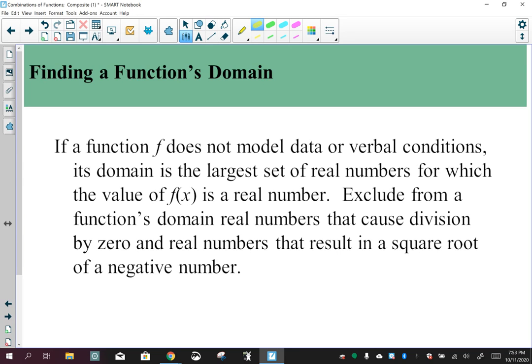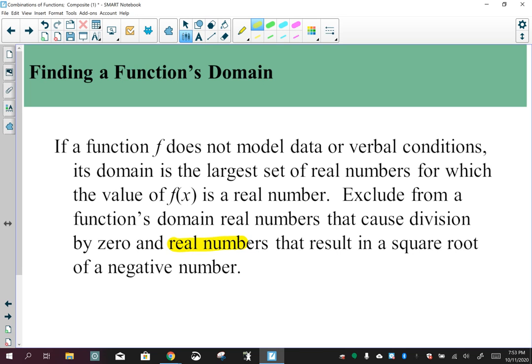So basically what that's saying is if I don't give you a timeline or something like that and tell you that from this time to this time is the only portion we're going to look at, and I just hand you a function, then we're looking at the whole entire domain, and that's going to be the largest set of that. The exception is that you're going to exclude from the domain any real numbers that cause division by zero and real numbers that result in a square root being negative.